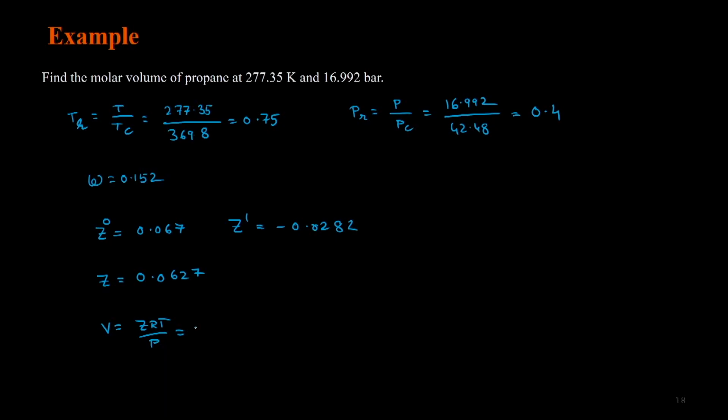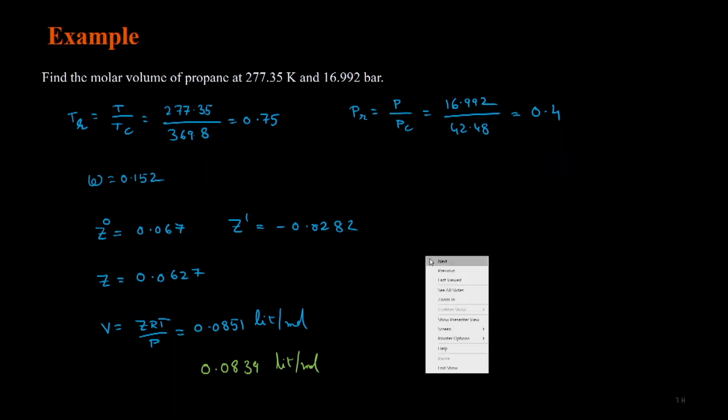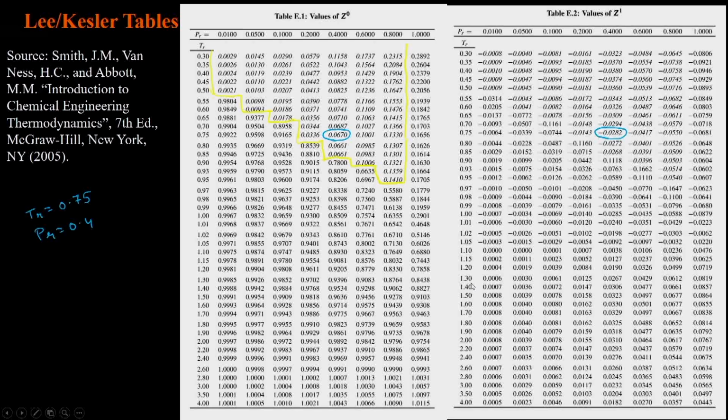It's going to be 0.0851 liters per mole, and the experimentally measured value is 0.0839. Again, pretty close even for the liquid phase calculations, at least in this case. So these tables in that sense can be used in the liquid phase region also, but one needs to be careful. So that's how I can use Lee-Kessler tables to calculate the molar volume and compressibility factor.